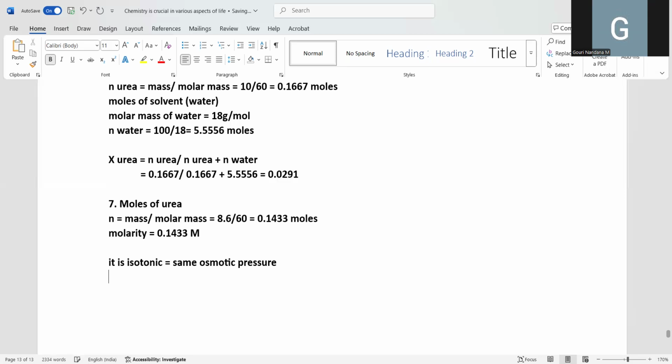Here a 5% solution is given. 5% solution means 5 gram of solute in 100 milliliter of solution. This means 50 gram in 1 liter.